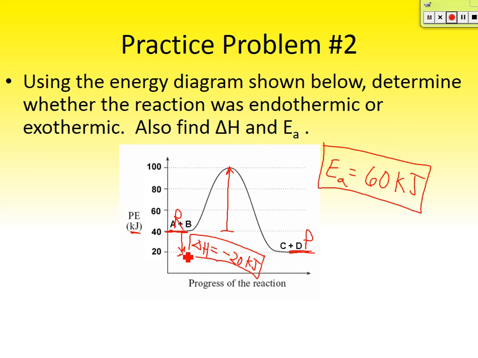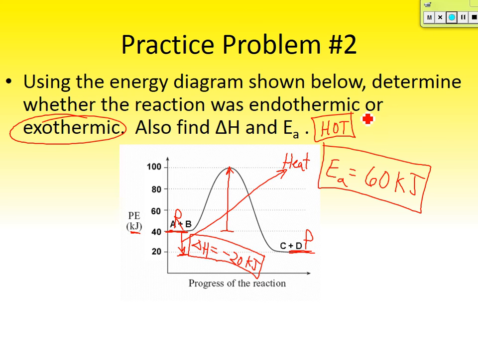No. Can't destroy energy. Where did it go then? Well, this much energy left in the form of heat. Which one means heat exit? That's exothermic. Now, if heat is being given off, is this going to make the surroundings hot or cold? It's going to make things hot.